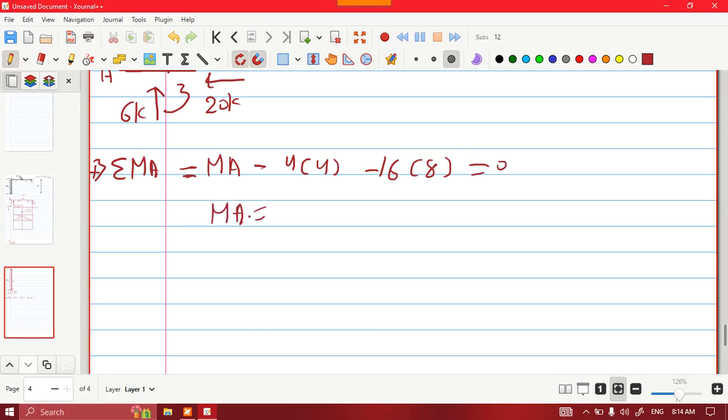And the moment at A is going to be equal to 144 kip-feet. It will act this way. So now we are ready to draw the moment diagram.